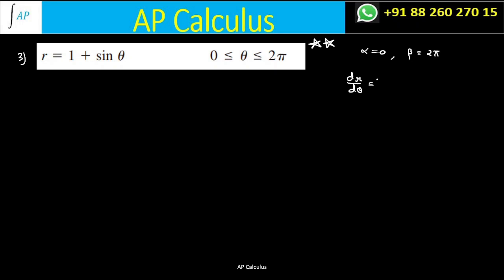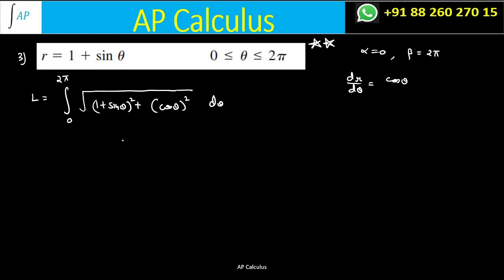That will be 1 differentiation is 0, sin theta differentiation is cos theta. So let's put everything in the formula. 0 to 2 pi square root of r square plus dr by d theta whole square, and with respect to theta we have to integrate it.